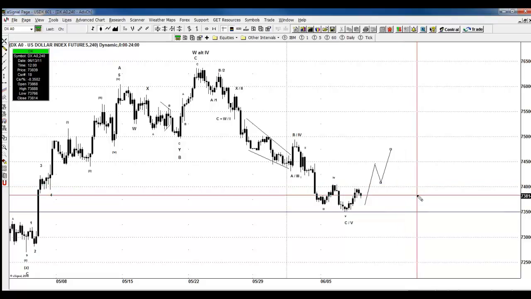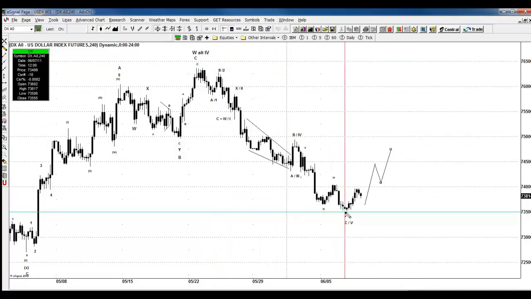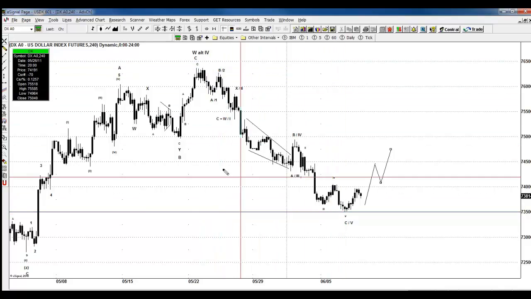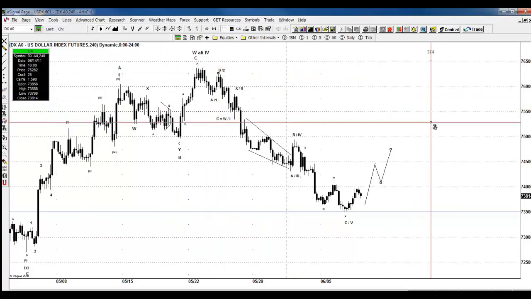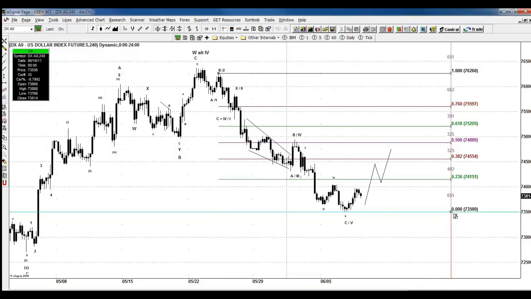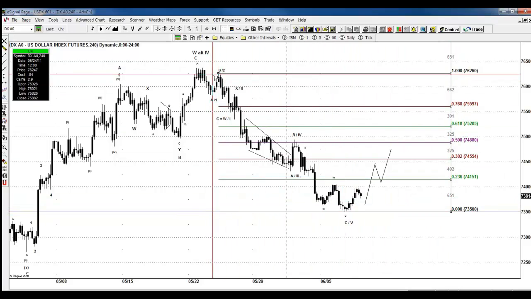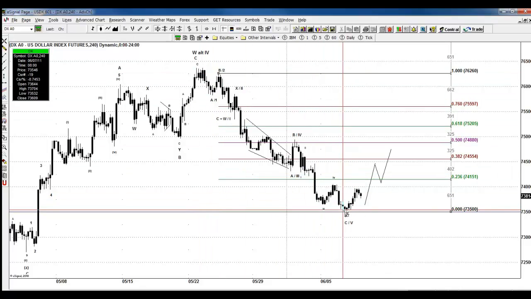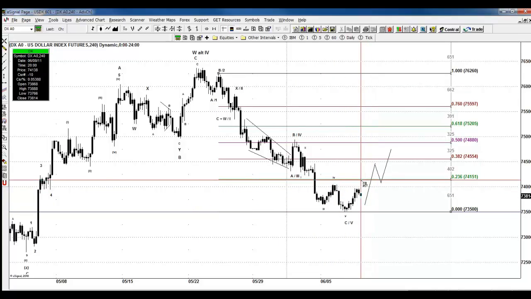Like we've been saying the other day, there are two possible counts. We explained them in the weekend update. Now I'm going to give you some hints on what we live and what we see. If this is the Elliott count right here and this is wave 4, technically it didn't reach the 23.6%.